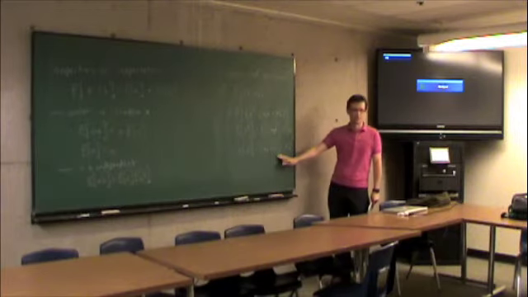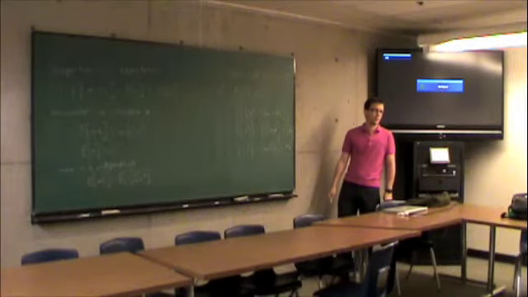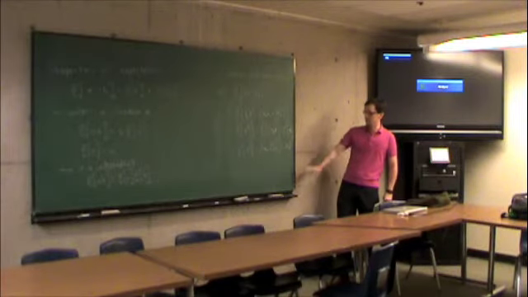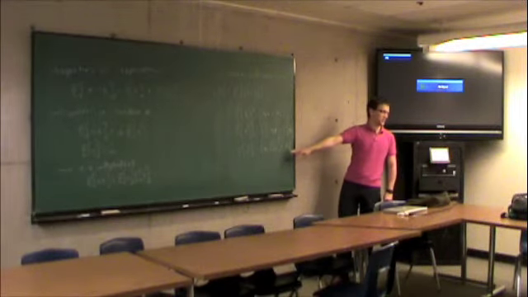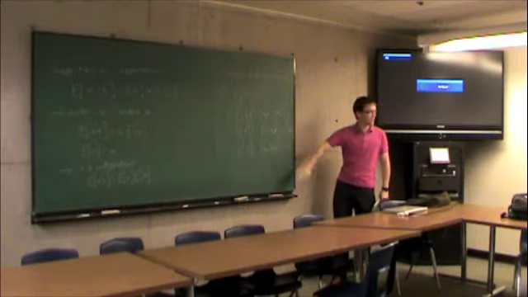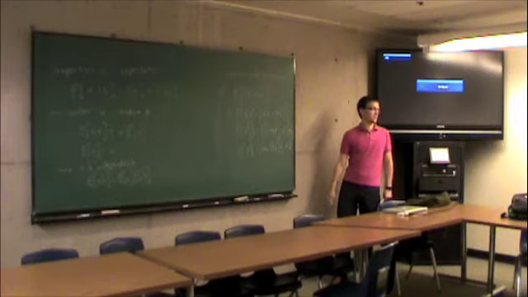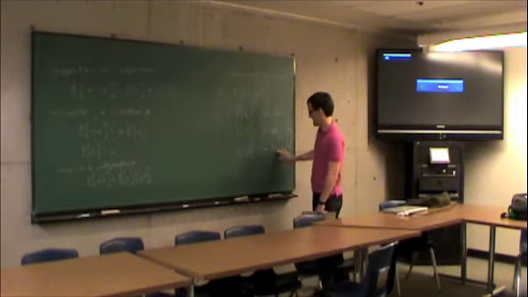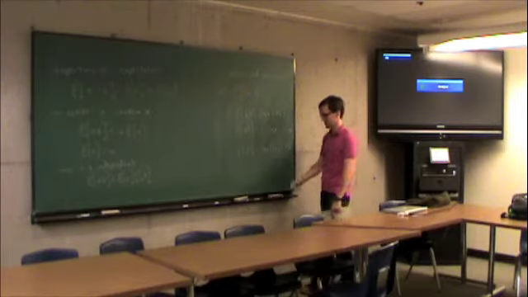What's the expected value of x? Sum of x p of x. Yeah, but is there another symbol that I can give to that? It's just mx, right? Yeah. So the expected value of x is just mx.